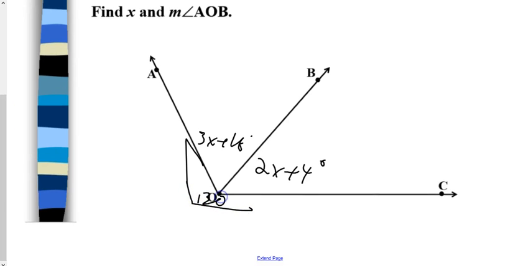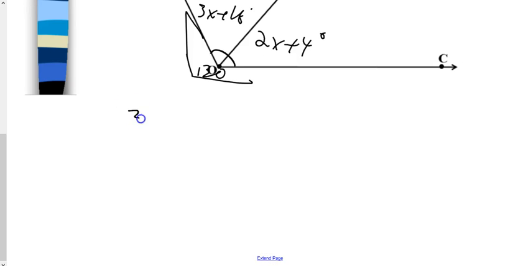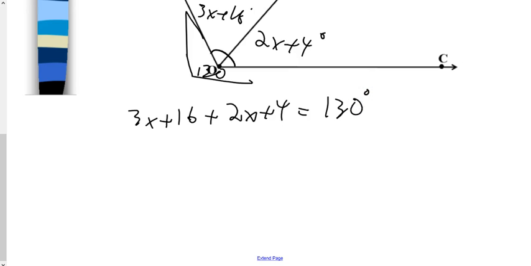We know that's 130, that angle. Right here, the entire thing is 130 degrees. So now we just set up our equation. 3x plus 16, one part, plus 2x plus 4, the other part, equals 130 degrees. Which makes sense, it's an obtuse angle.